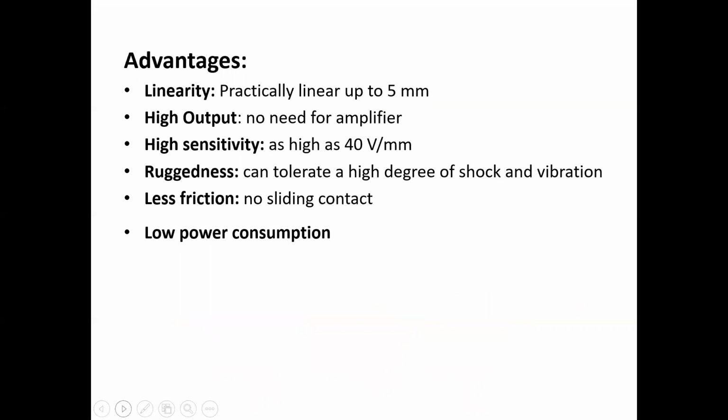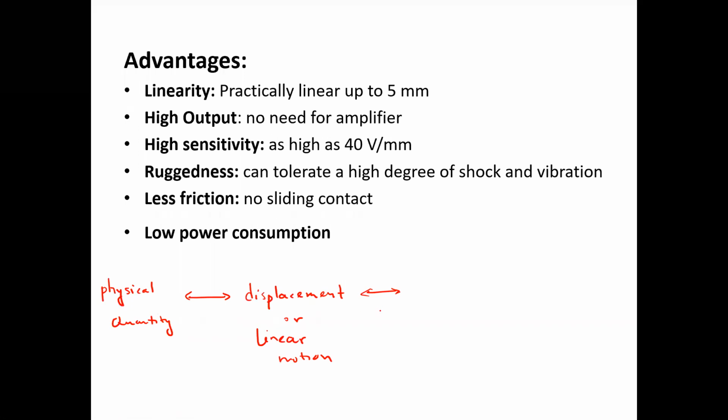Now let me briefly highlight the different forms of energy conversion that are taking place. For the first case, any physical quantity has to be first detected by some sensing element, and that has to be converted into displacement, or linear motion. Then that has to be transferred to the iron core of the LVDT. If it is transferred to the iron core of the LVDT, it causes a change in mutual inductance.